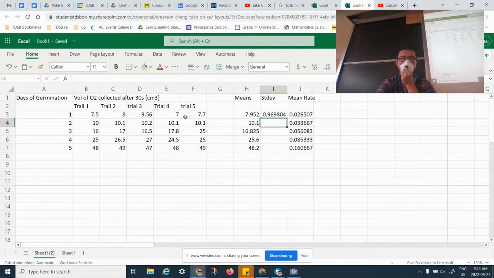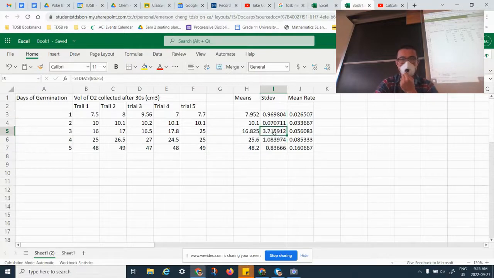So I press that, and it calculates the standard deviation for me. And since I want Excel to do the same thing for all the rows down here, I will just select this dot and pull down. And again, it does the standard deviation calculation for me. Okay? Are we good?